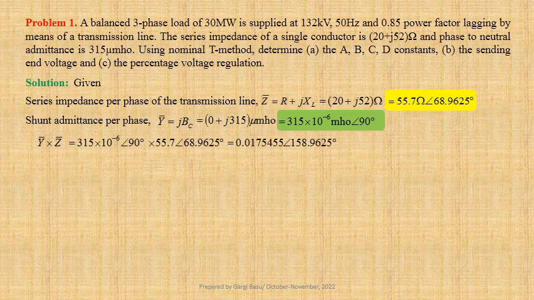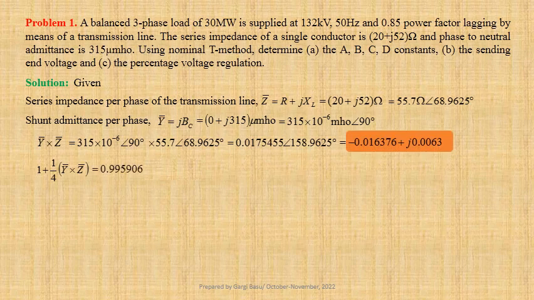This may be written in Cartesian form as minus 0.016376 plus j0.0063. Now we shall calculate 1 plus 1/4 of YZ, that is equal to 0.995906 plus j0.001575. This may be written in polar form as 0.9959073 at an angle 0.09061 degree.